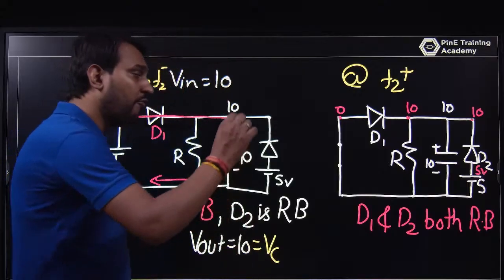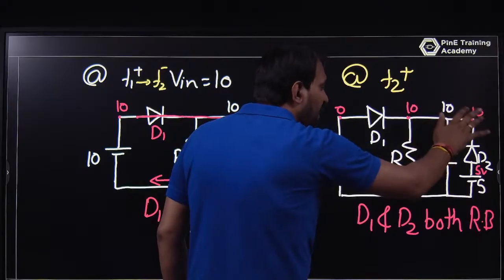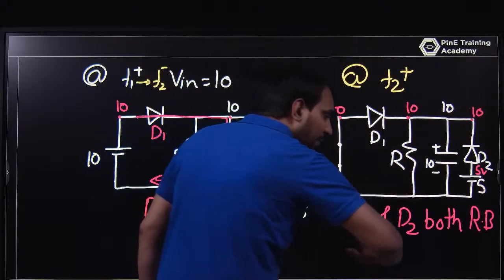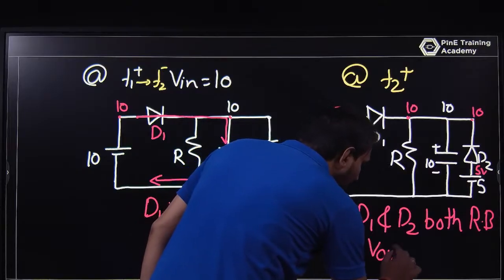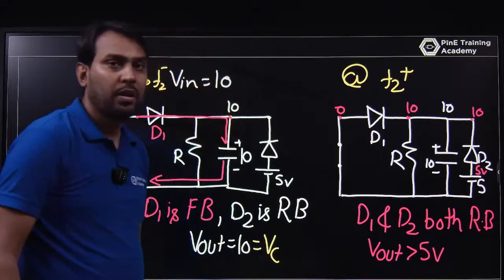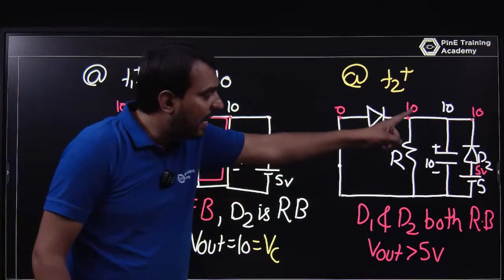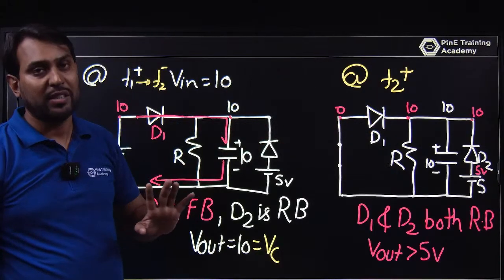If Vout or VC is not less than 5, D2 remains reverse biased. This condition remains the same whenever VC or Vout is greater than 5 volt. Till Vout is greater than 5 volt, D1 and D2 remain reverse biased.